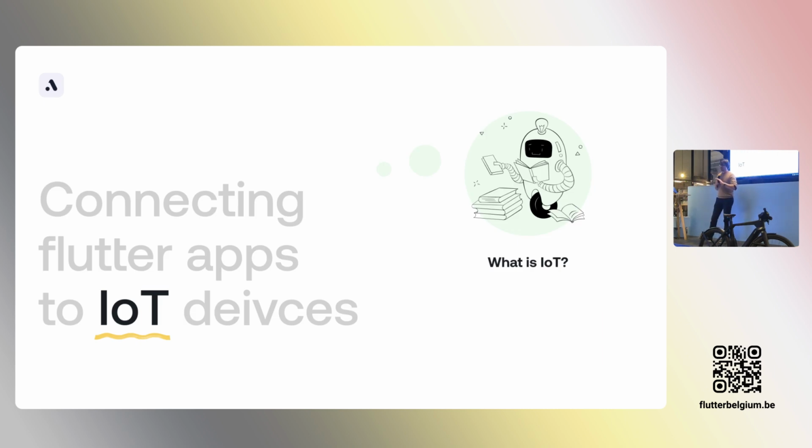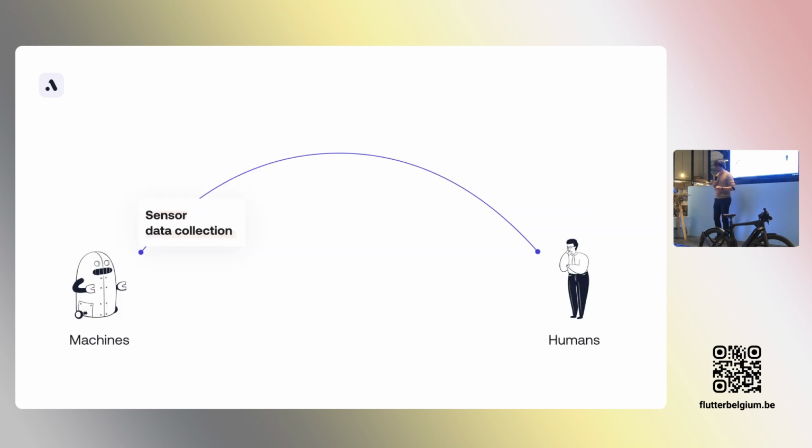But there are a lot of discussions about what is IoT. So I want that to be clear. IoT is a machine that has some sensors, and those sensors measure things. And then those sensors send data. They are processed on the machine or not.